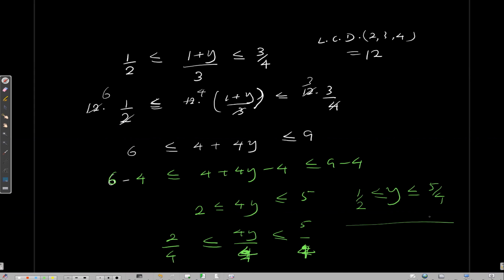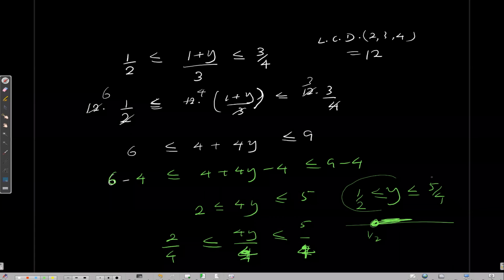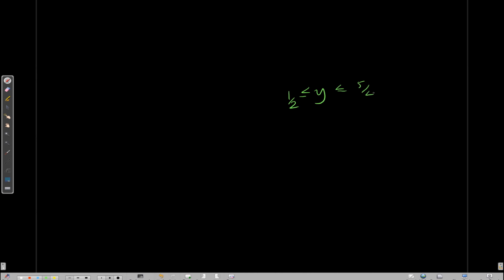So this part, 1/2 is somewhere here, greater than it, including that. And 5 over 4. Sorry about the interruption. So we were here. Y was 1/2, 5 over 4. 5 over 4 is 1 and 1/4, right?